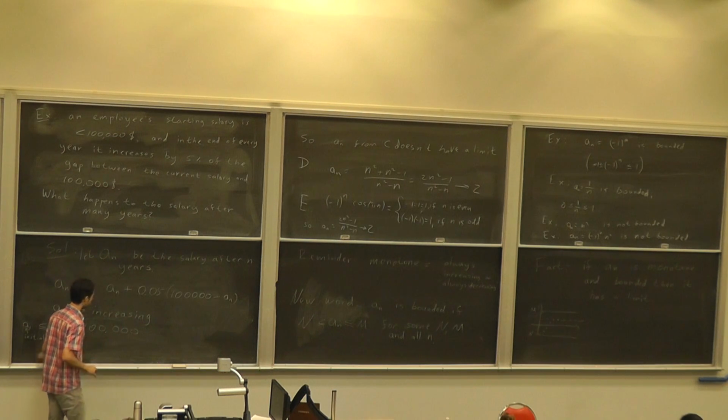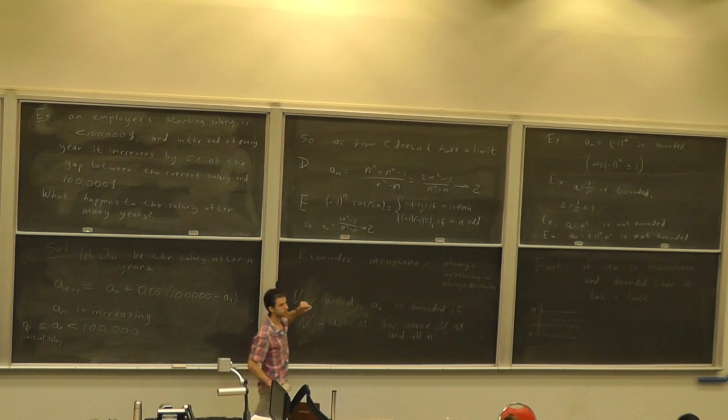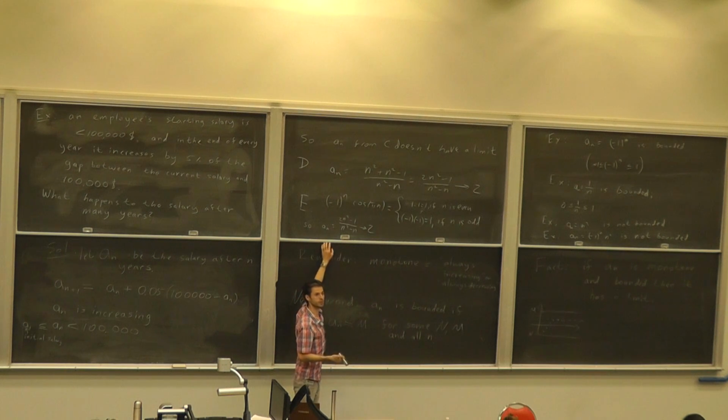Alright, so we have these observations. This tells you the sequence must have a limit. It's increasing, it never goes above some number, so it must reach some limit.